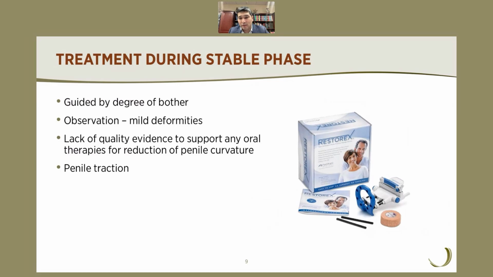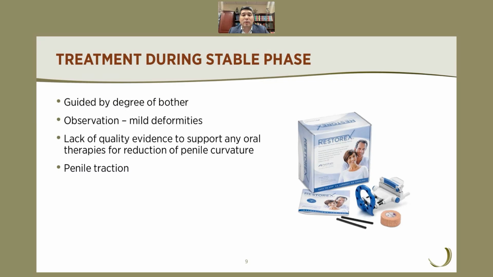So once the patient reaches the stable phase, treatment options are really guided by the degree of bother. So if a patient is not sexually active, or there's no pain involved, or the curvature is mild, it's certainly reasonable just to observe the curvature.